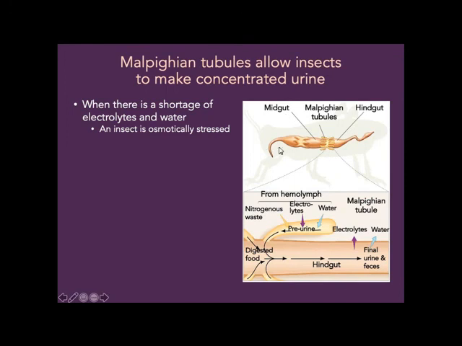So this is kind of the outline of your grasshopper here. Here's its mouth, and then here's its gut, and then over here in the middle of its gut is a Malpighian tubule, which are like these little fingers here, okay?